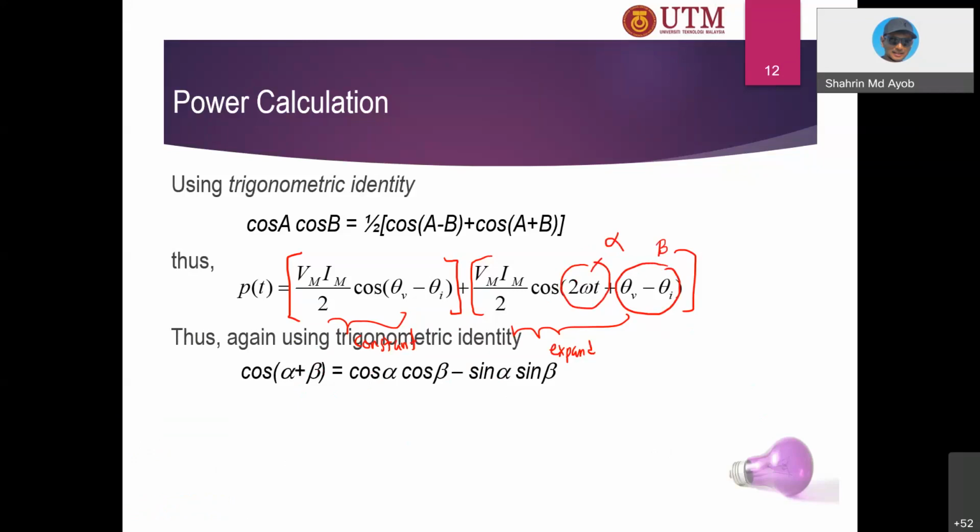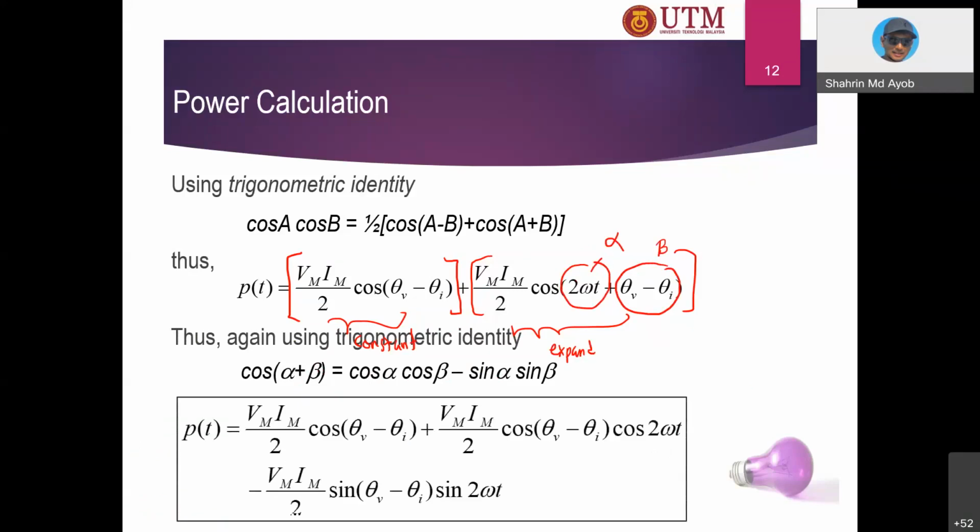So we expand this one. Finally, this one is the original first term, and this one is the second term that we have expanded.